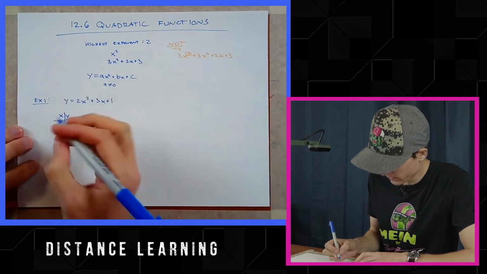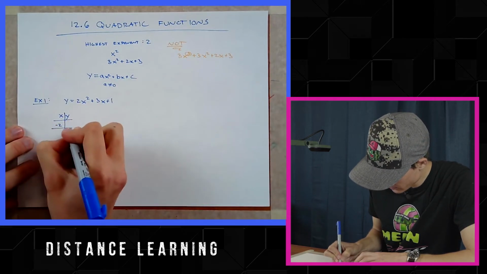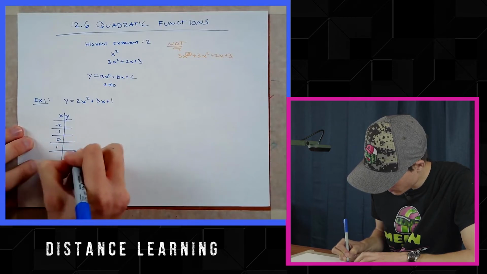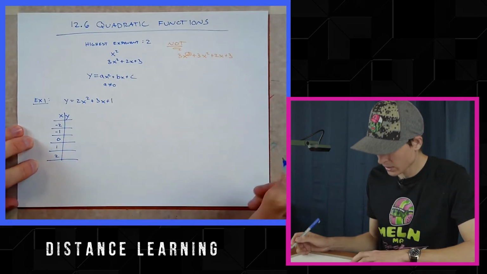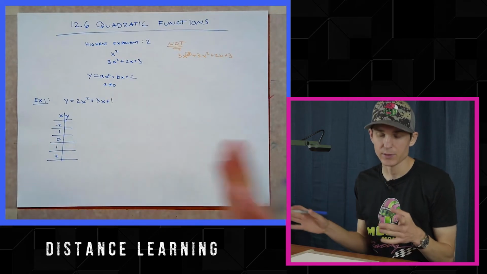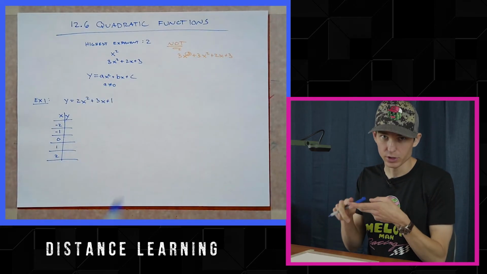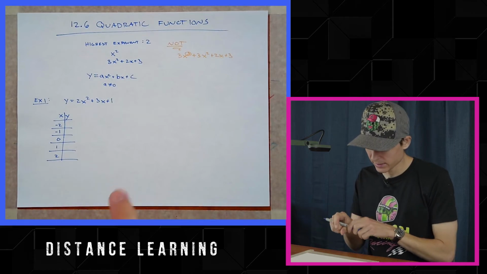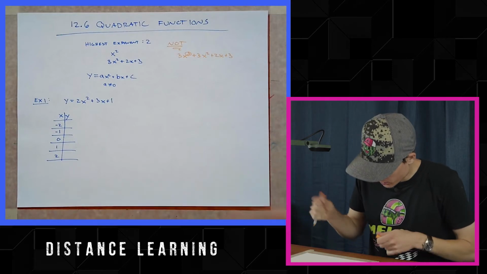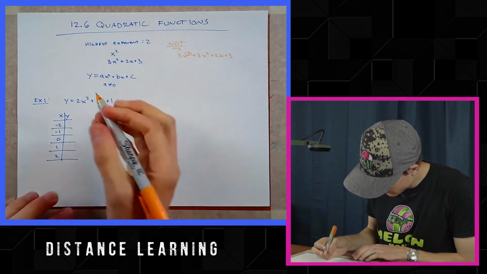But for now, we plug in negative 2, negative 1, 0, positive 1, and positive 2 to our table and see what happens for all of those. So anytime they say make a table, plug in negative 2, negative 1, 0, 1, and 2, five things, and see what you get. So it's basically just number chugging.